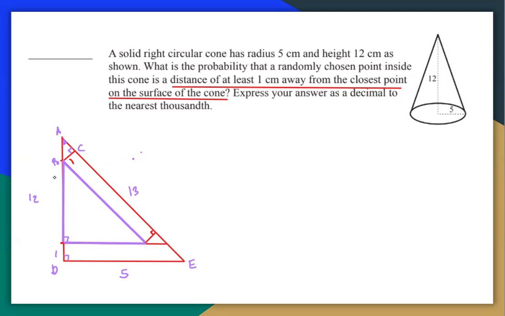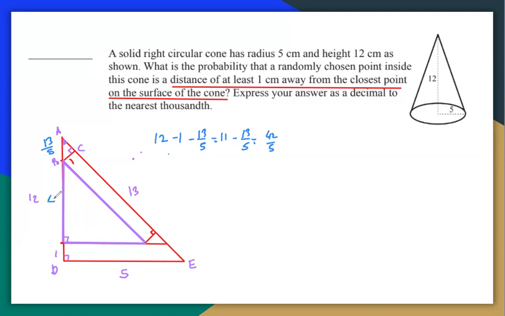If that's the case, we can take AE, which is 13 divided by 5. So that should be 13 over 5 for AB. And since this is 1, I can find this distance as 12 minus 1 minus 13 over 5, which will be 11 minus 13 over 5. So 55 minus 13, which is 42 over 5.